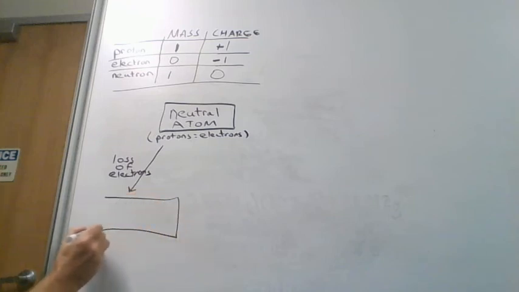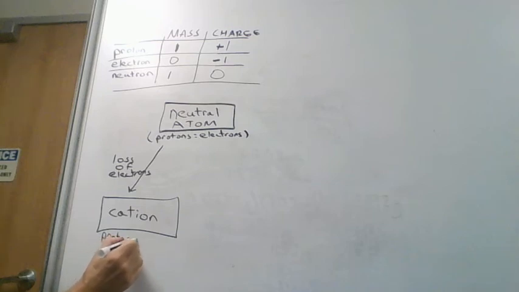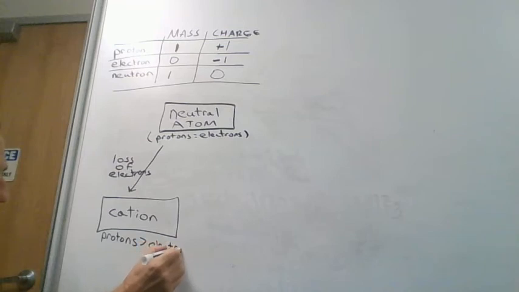That's what we call a cation. You can think of this t here as a plus sign. So here we have the number of protons greater than the number of electrons, so we have a positive charge.